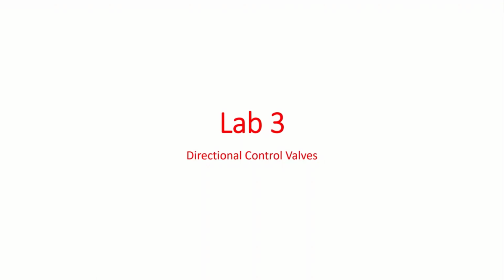In the previous video we discussed the actuators and covered the difference between single acting cylinder and double acting cylinder. Also we discussed how we can change the parameters for single acting cylinder and double acting cylinder within FluidSIM.